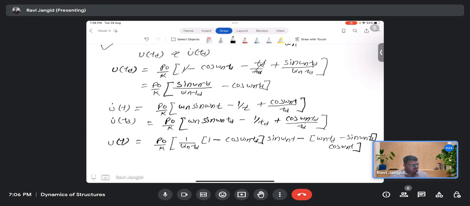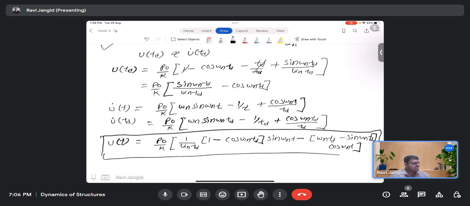So this is my response in phase 2. So that is my part A complete: the expressions for t less than td and t greater than td.